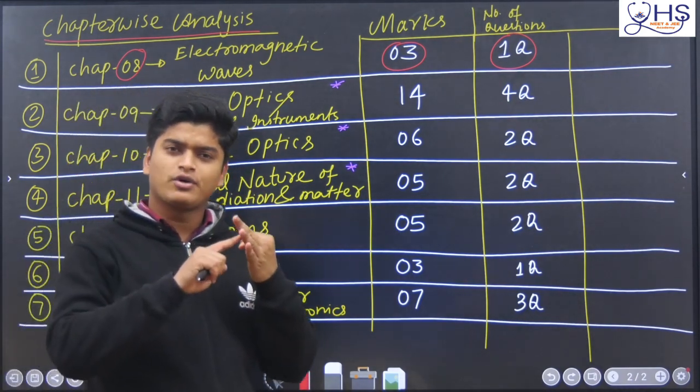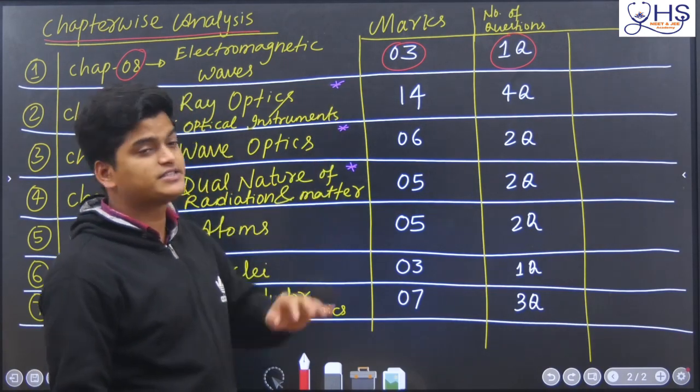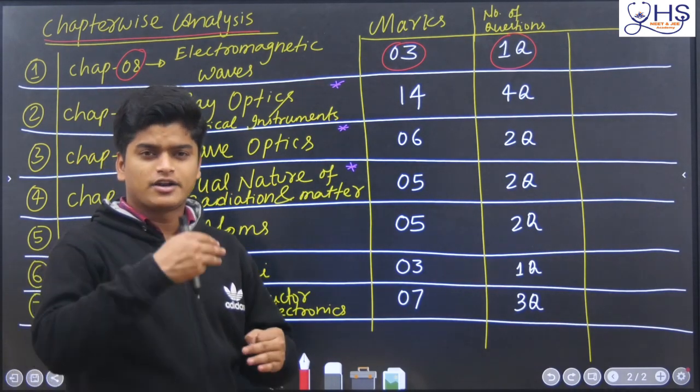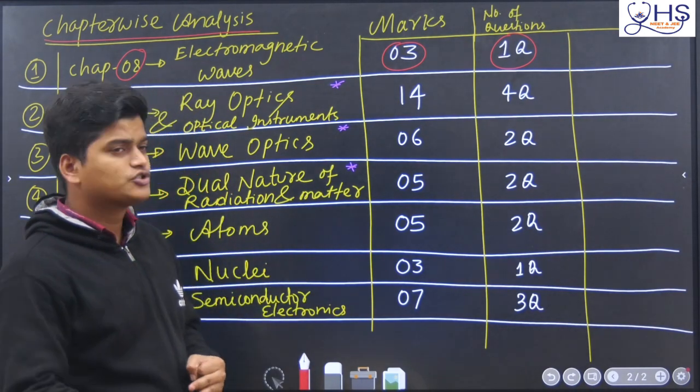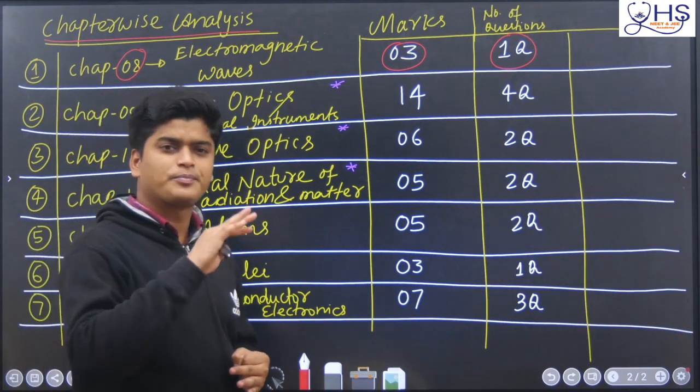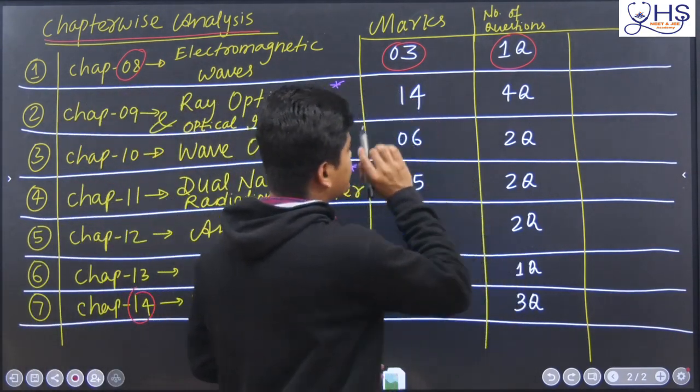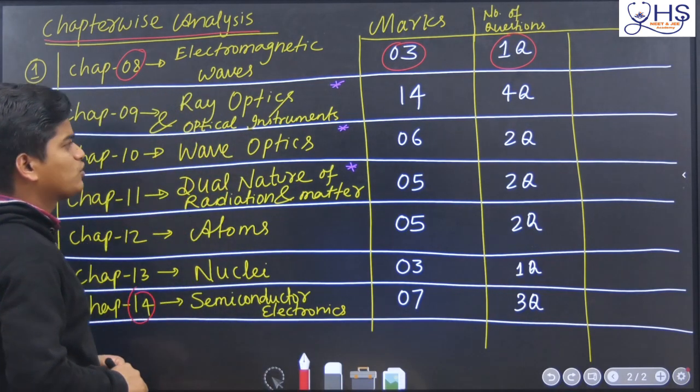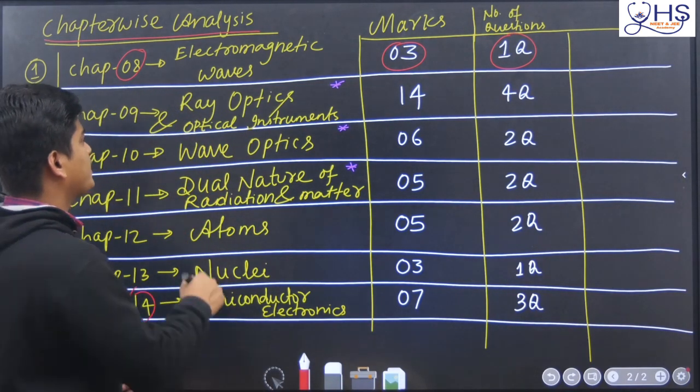If you answer all subparts correctly, you will get the 3 marks. There will be partial marking, so all subparts you have to do correctly. So here it is 1 question of 3 marks from electromagnetic waves.